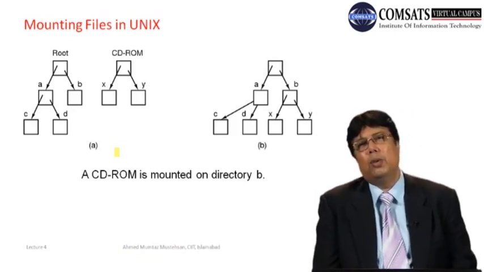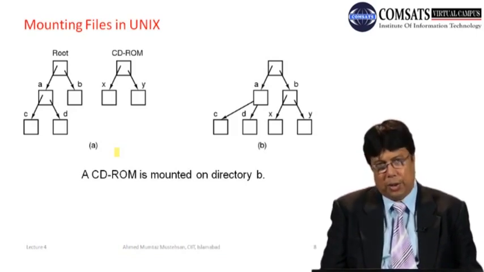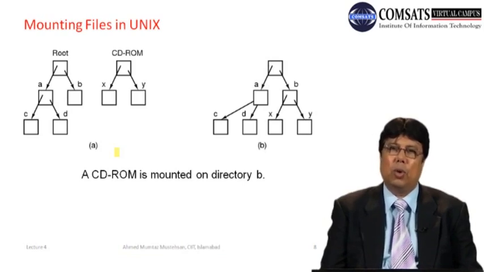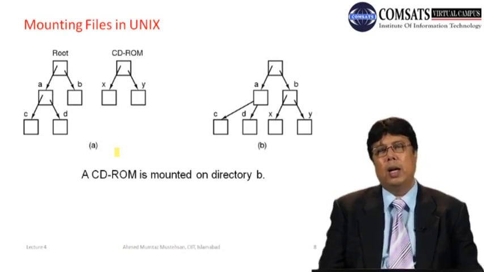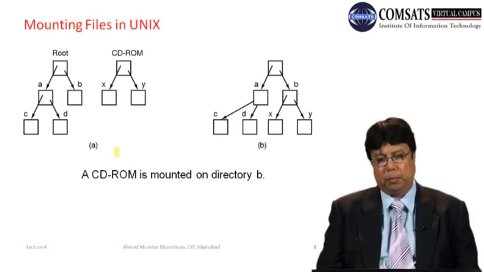But Unix provides you something very interesting. Unix provides you a file system, and this file system is used not only to access the files on one particular device, but you can make any I/O device a part of the file system.